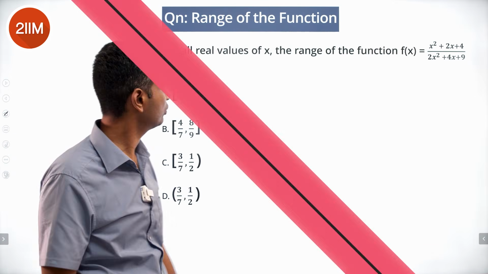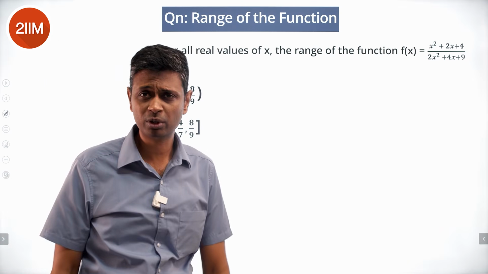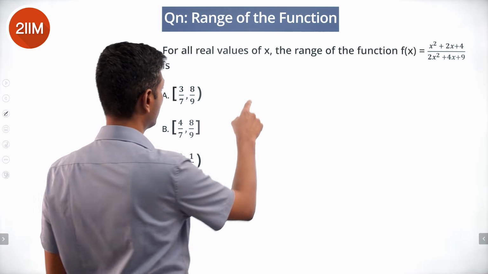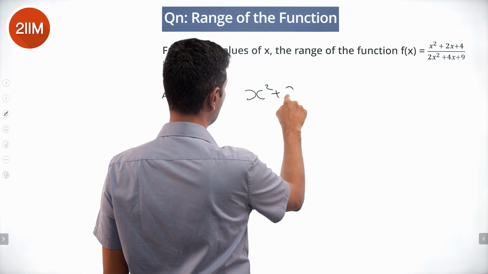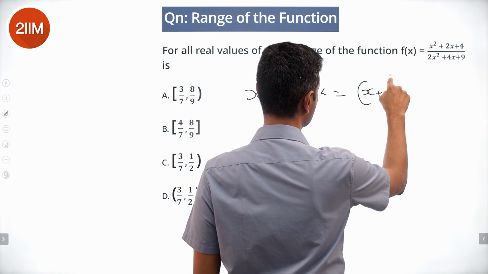Done. Wonderful. For all real values of x, find the range of the function x square plus 2x plus 4 by 2x square plus 4x plus 9. X square plus 2x plus 4 is x plus 1 whole square plus 3.